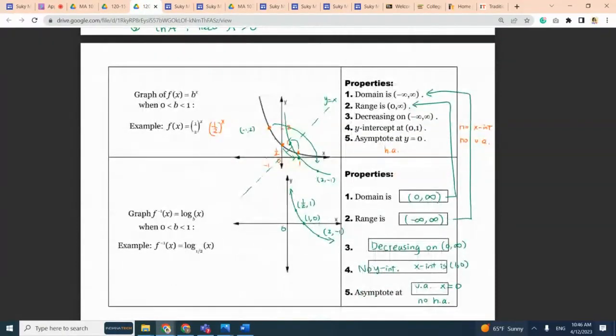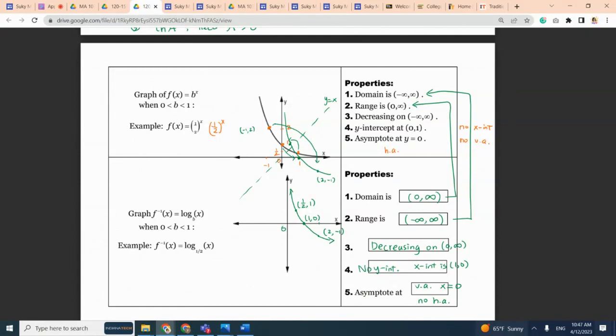How about when the base b is between 0 and 1? Okay, when it's between 0 and 1, we know this is a decreasing function. Yes, it's a decreasing function. So let's pick these 3 points. And you see this point gets mapped here, and this point gets mapped there, and then this point gets mapped here, and then you connect those 3 points, you get the graph of the log.